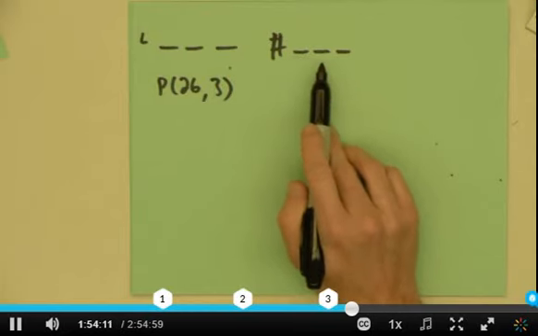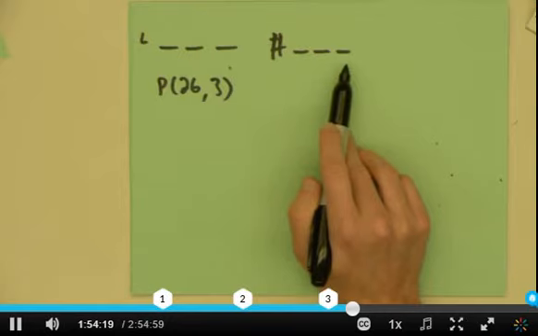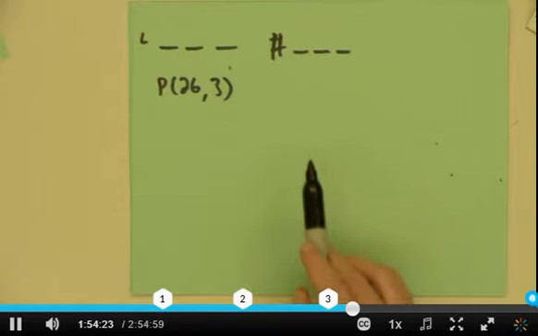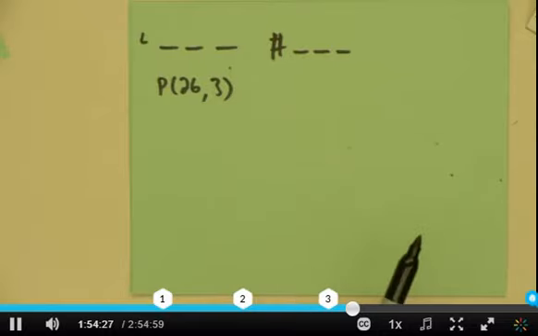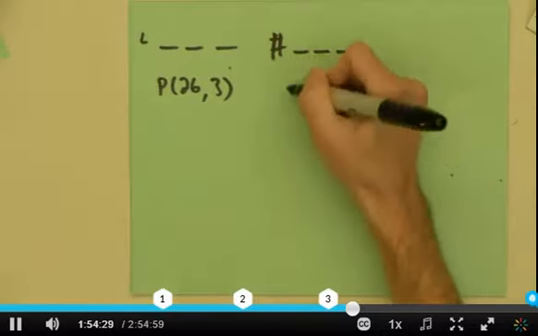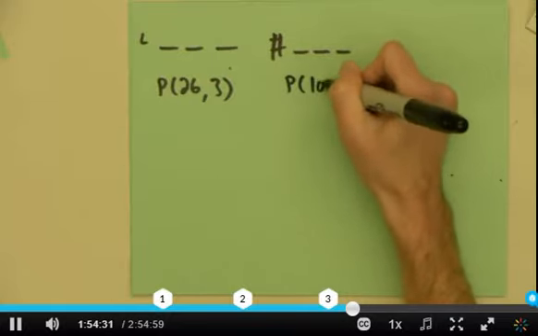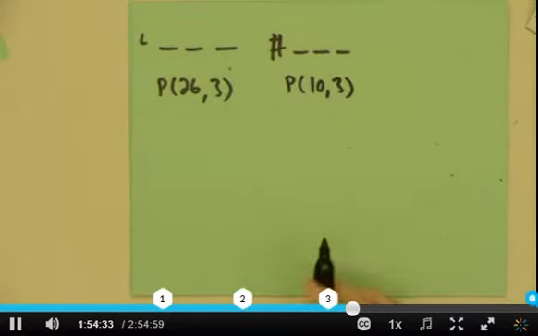What about the second one? 9. Yeah, once I've made that first choice, there's 9 left over. And then for the last one, 8. So the best way to think about that is I have 10 digits to start with, and I'm going to pick 3 of them. And of course, the order does matter. That's what this notation means.